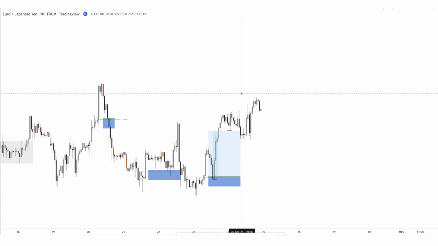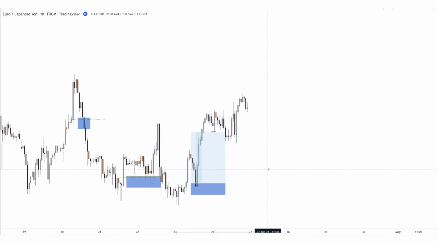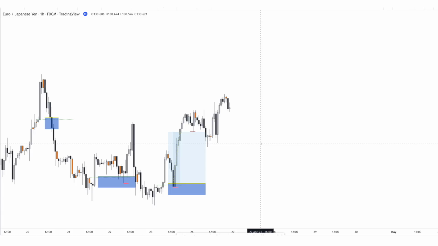But when price is like this, from the origin of a push up, by origin I mean where it kind of started, this gives me confidence to take more buys than sells. I know this from experience personally, but if you can understand the origin of an impulsive leg up or an impulsive leg down, that's where you want to be involved in that leg. You want to be involved in it early rather than much later down the line where it starts to lose its probability of playing out.